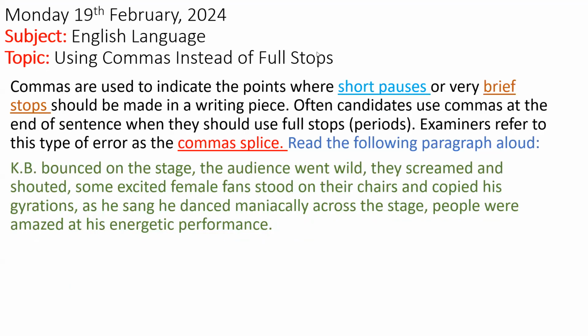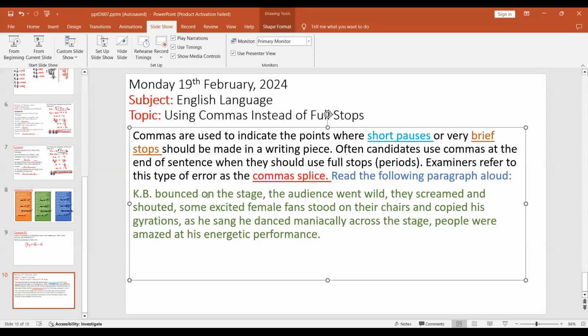Okay, so you agree that there are certain places where we're supposed to have periods and commas, right? I feel like a conjunction could also go in there. Okay, so for this one, we can say KB bounced on the stage and the audience went wild. Then we could put a period, right?